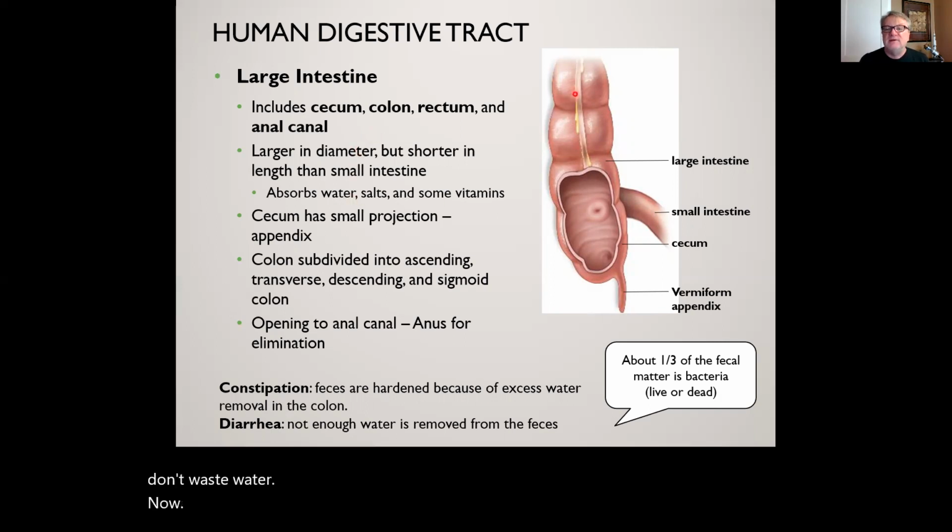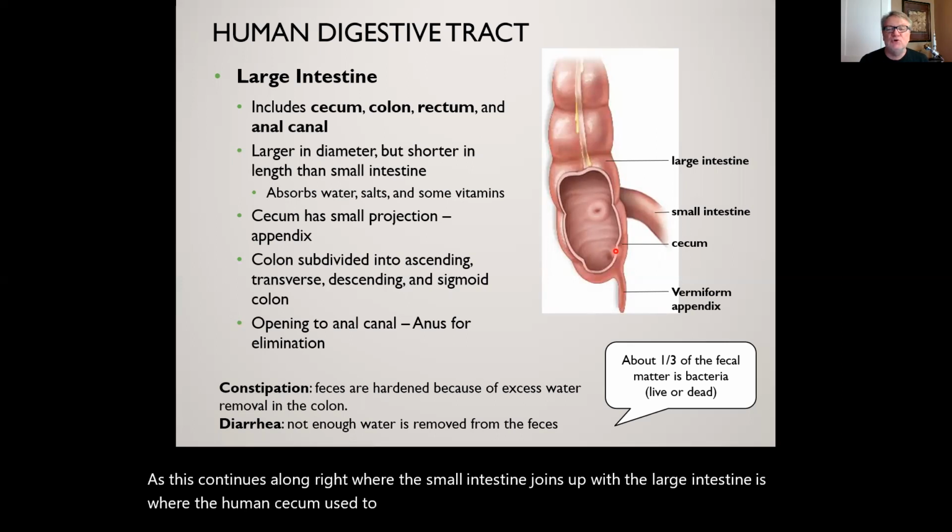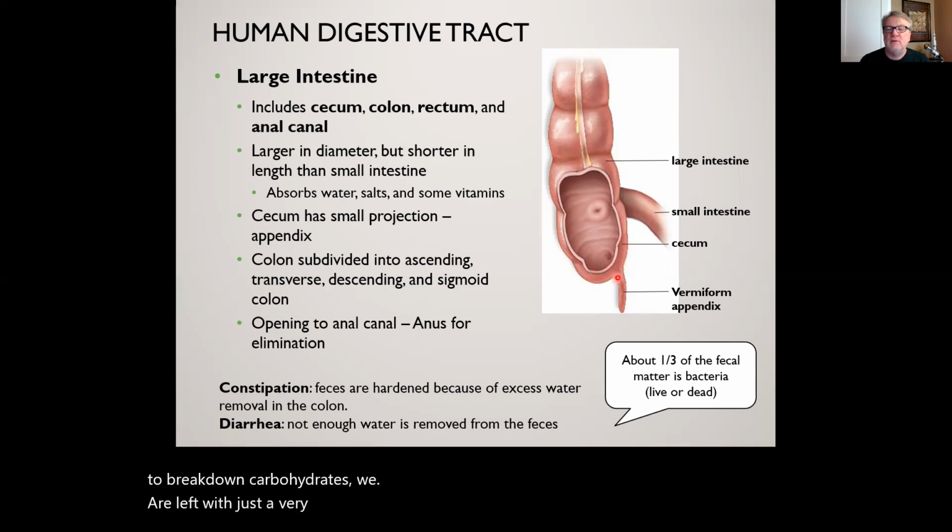Now, as this continues along, right where the small intestine joins up with the large intestine is where the human cecum used to be. And remember, the cecum is used by animals that need to break down carbohydrates. We are left with just a very small portion of the cecum, forming what we now refer to as the appendix.